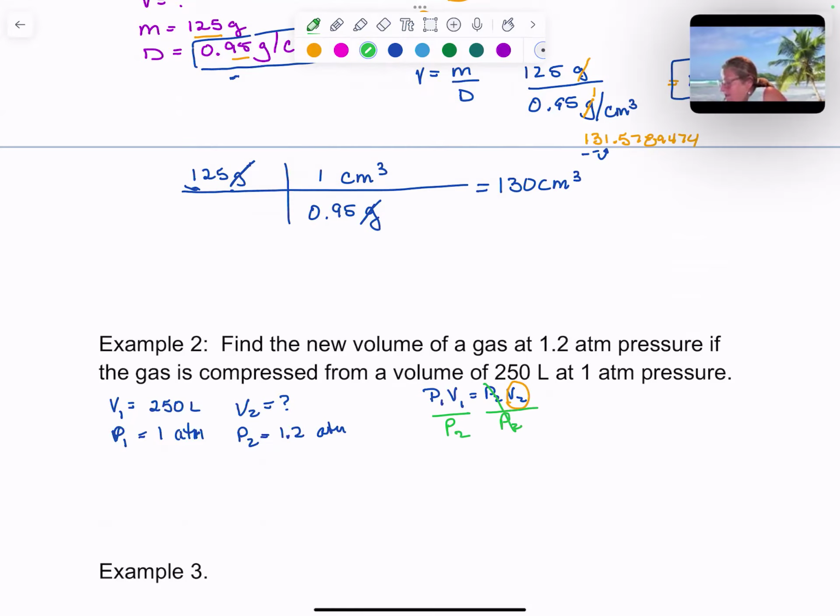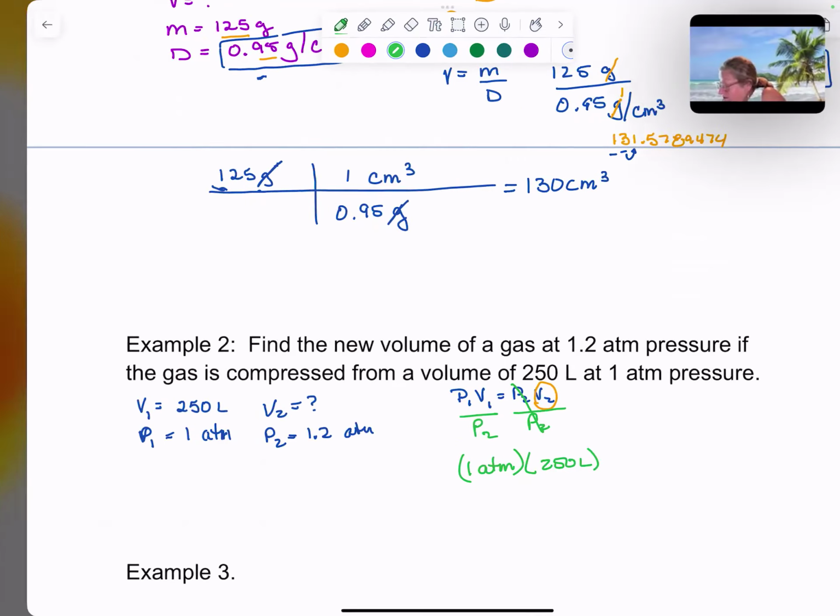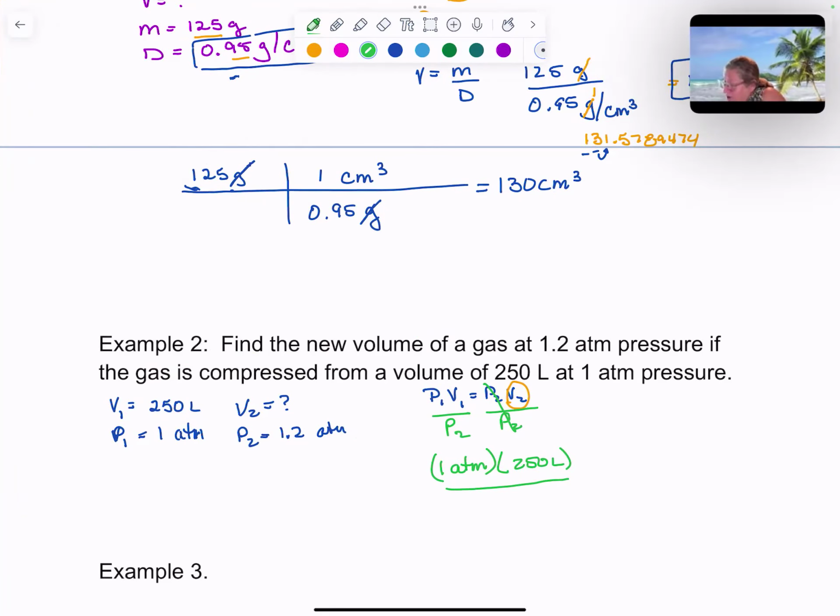That isolates V2. I'm going to go ahead and put in my P1, 1 atmosphere. I'm going to put in my V1, 250 liters. My P2, 1.2 atmospheres. And that's going to equal my V2.